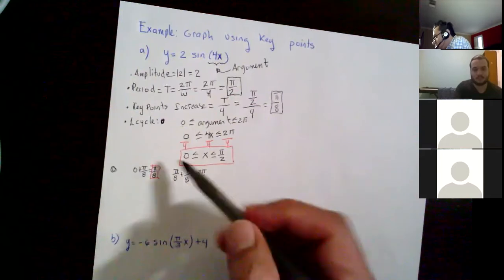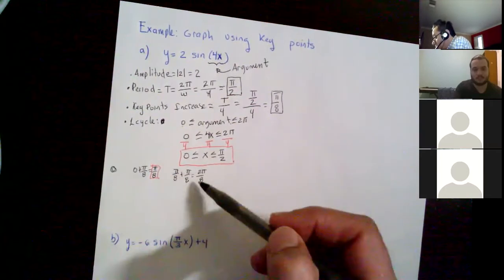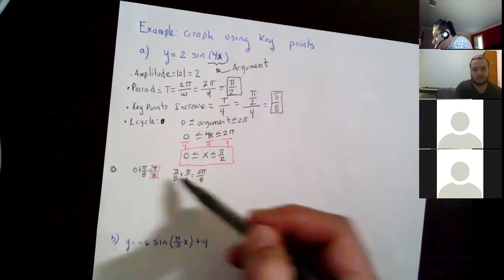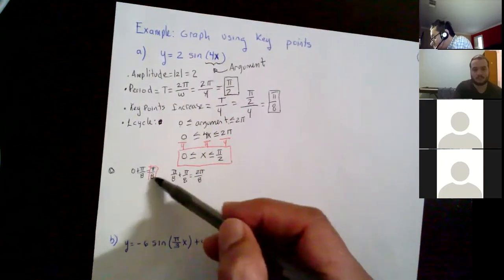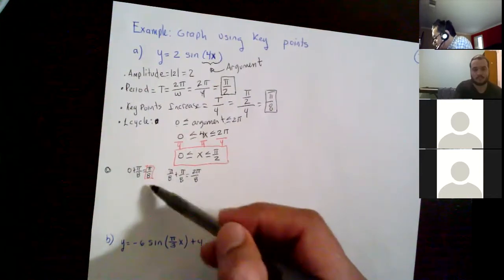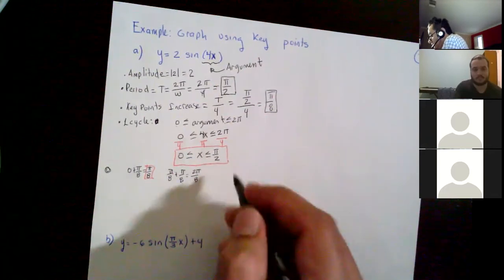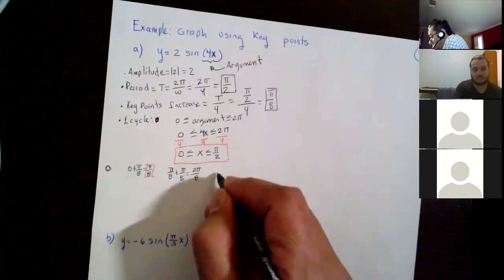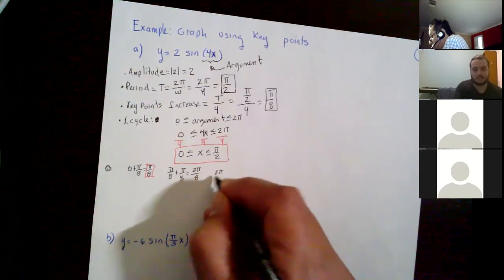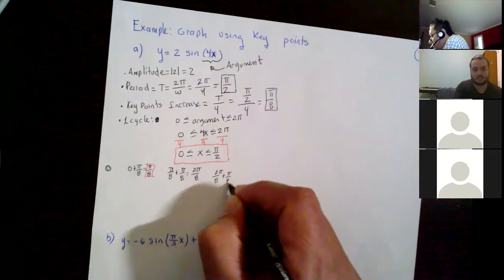All right, my recommendation, you guys, do not simplify right here. Keep it with the same denominator. And I'm gonna tell you why, because if you keep it with the same denominator, when we graph, it's easier, especially with fractions, to have the same denominator. The next key value is gonna be 2 pi over 8 plus pi over 8.